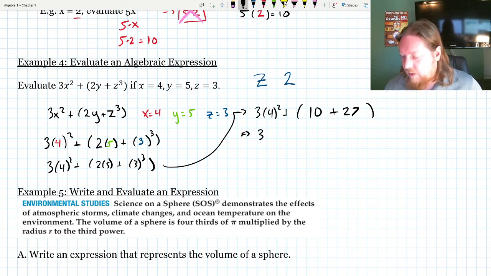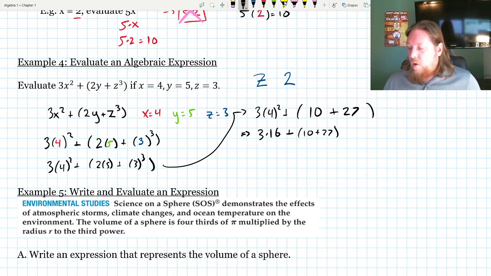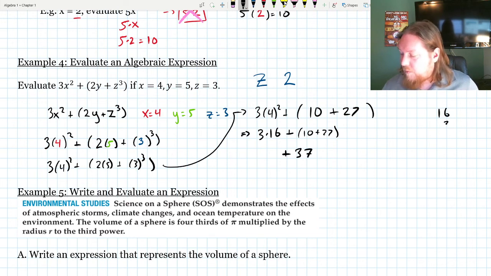So I have 3 times 16 plus 10 plus 27. Well, 10 plus 27, that is 37. 3 times 16, you might need to do this one off on the side. 3 times 6 is 18, carry the 1. 3 plus 1 is 4, that's 48. And now I just have to add those two together.